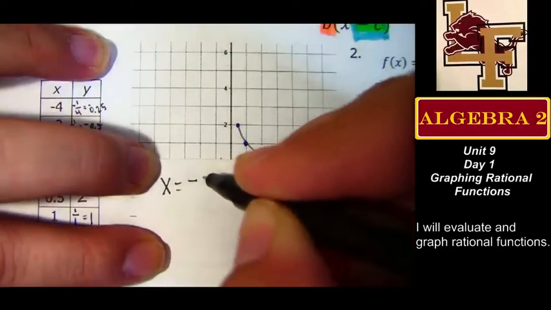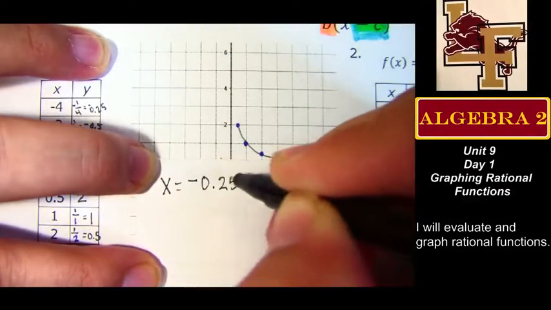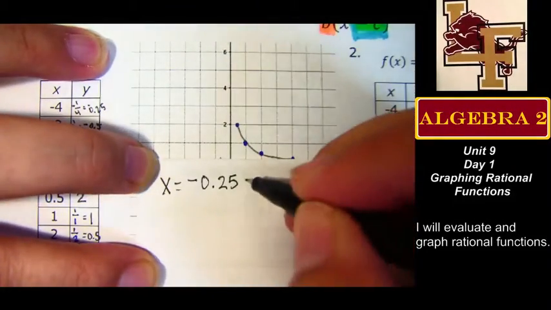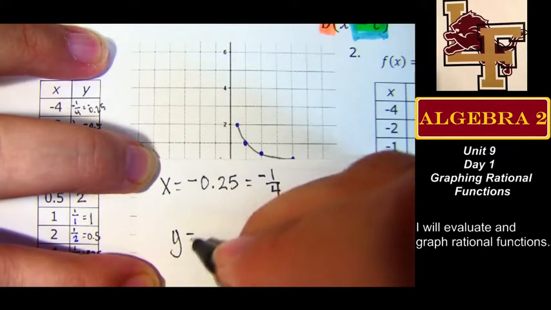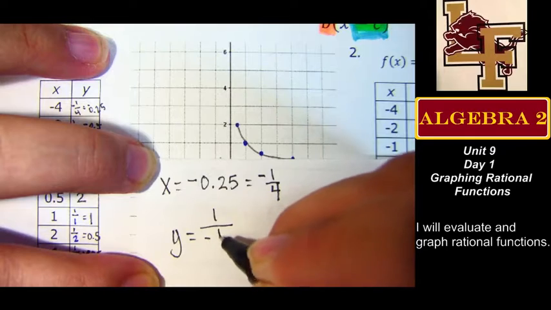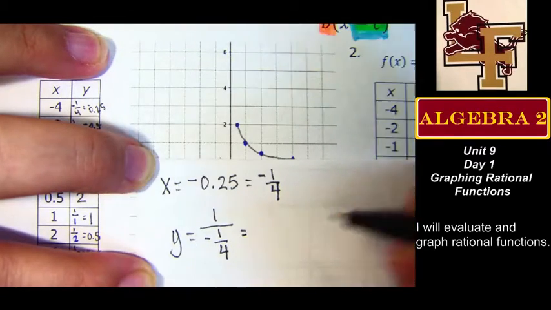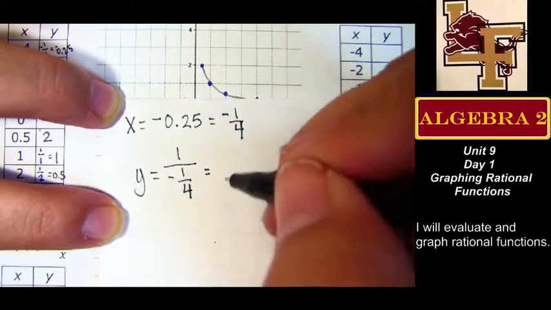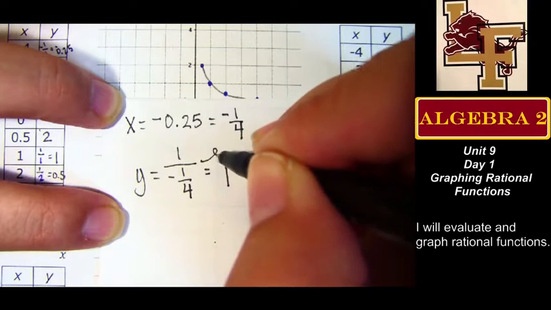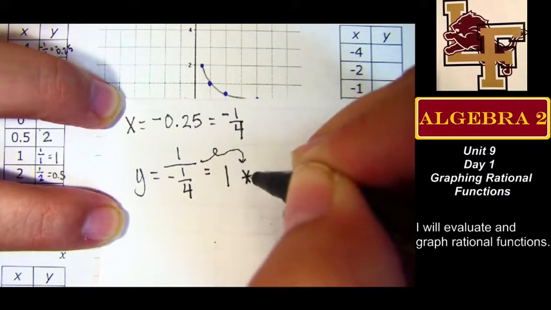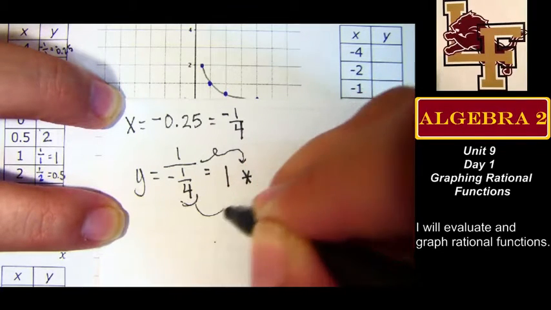So I'm asking the question, what happens at x equals -0.25? -0.25 is the same as -1/4. So my y is going to be 1 over that value of x. Take the top number and rewrite it. Take the fraction bar and turn it into a multiplication.